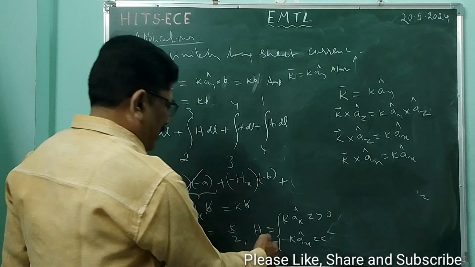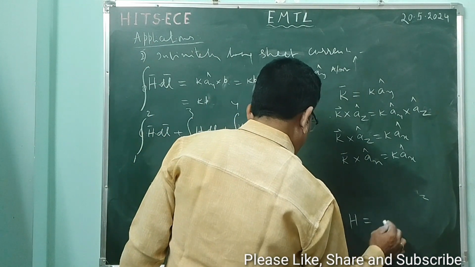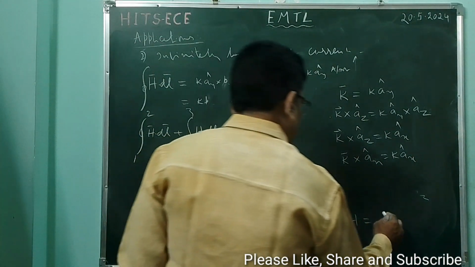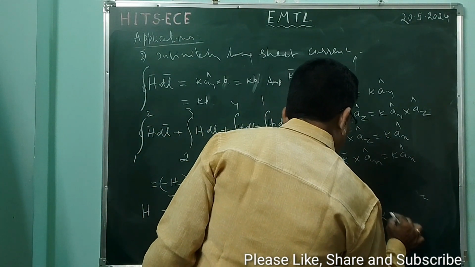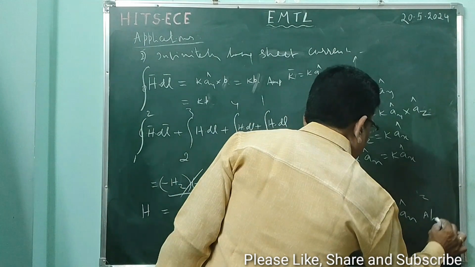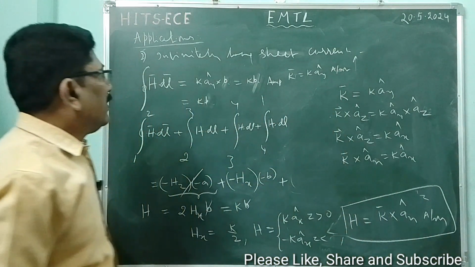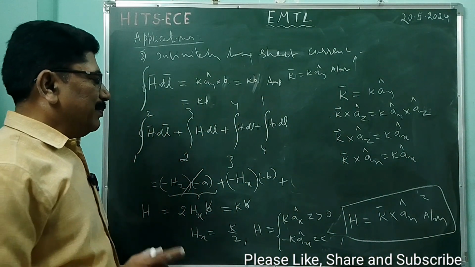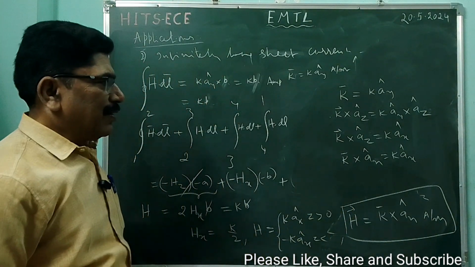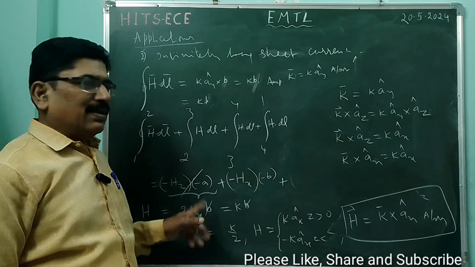So this can be written as H is equal to half K cross an cap amperes per meter. For an infinitely long sheet current, the magnetic field intensity is equal to half K cross an cap. Okay, in the next session, I will discuss the third application.